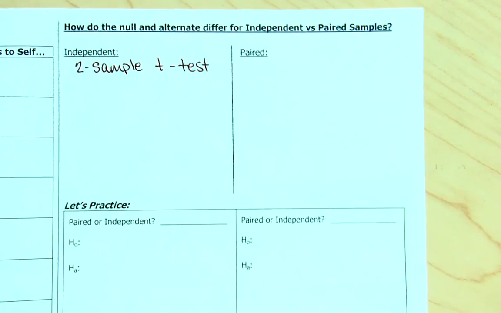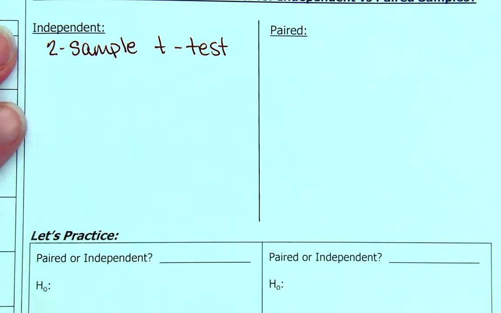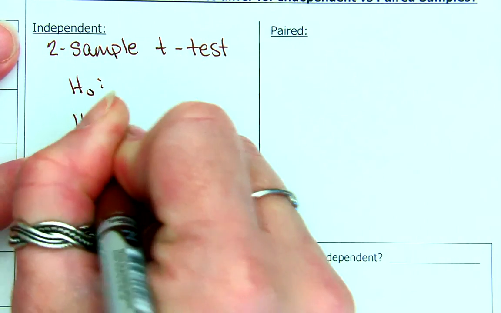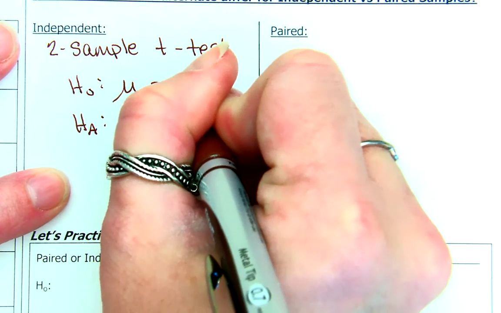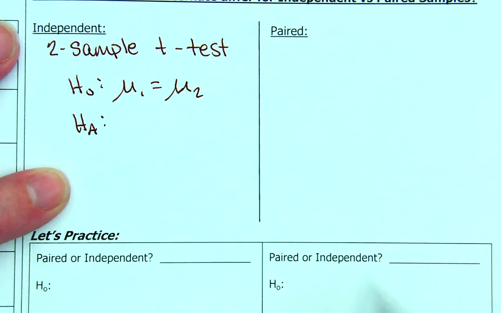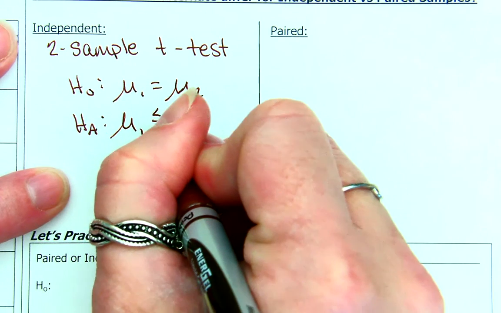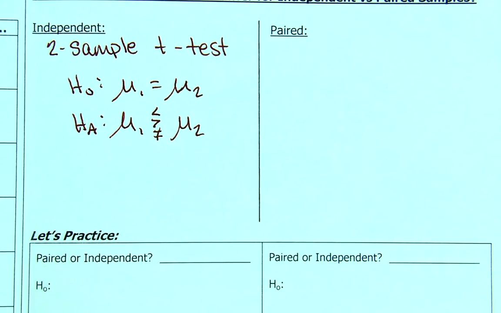You guys know how to do this because we already took a quiz over it. If you're writing out hypotheses, then it's going to be the two means are equal, and then somehow there's an inequality. Less than, greater than, or not equal to mean 2. So that's going to be if it's a 2-sample test.